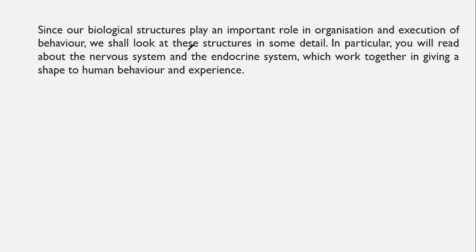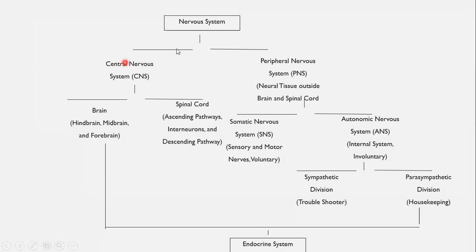So, this is just an introduction of what is the importance of nervous system and what are all there in the nervous system. And with the figure, you will get an understanding. So, there is a nervous system. That is the title, and how it is linked to endocrine system.